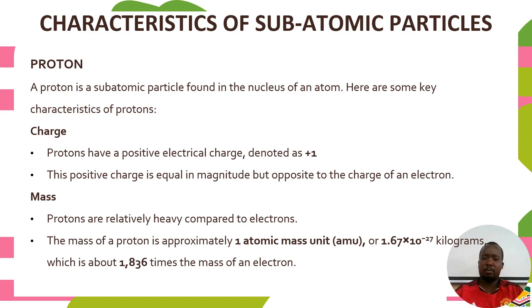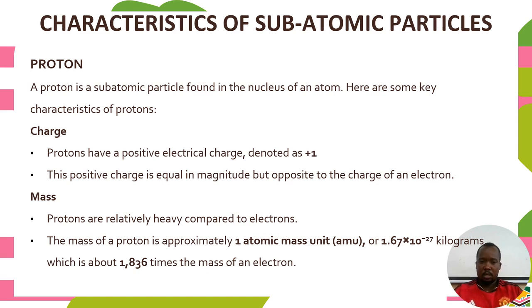So here are some of the key characteristics of these protons. We'll begin by looking at the charge. You may recall that a proton has a positive electric charge, which is denoted as +1. Positive because a proton is positive in nature.